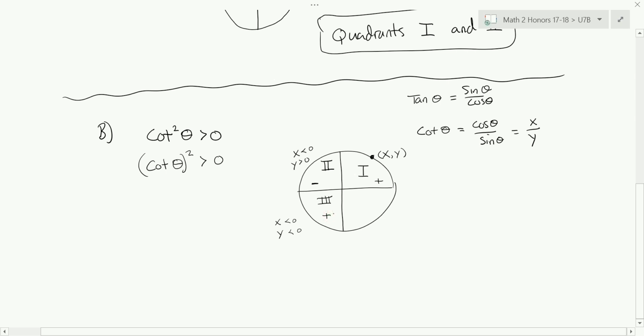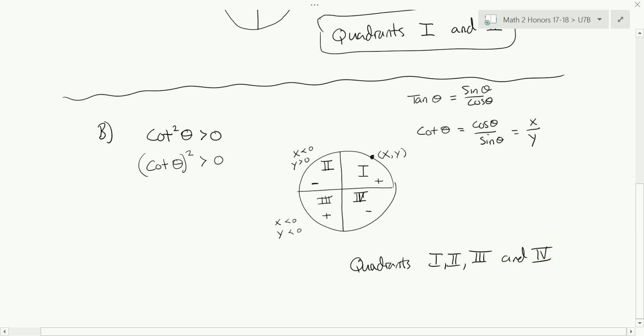Positive. So the tangent and the cotangent are both positive in quadrant 3. Then think about quadrant 4, and you end up with negative, because one's positive, one's negative. Okay, all right. So in this case, because we have the square, it could be all 4: quadrants 1, 2, 3, and 4.